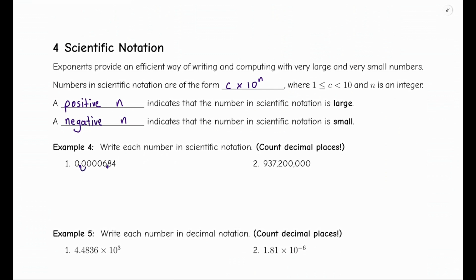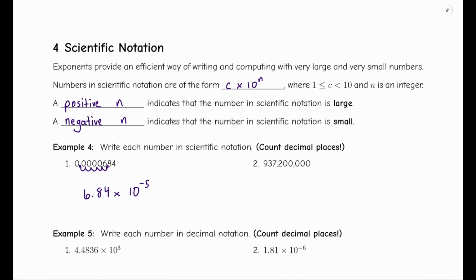So that's 1, 2, 3, 4, 5. So this becomes 6.84 times 10 to the 5th. Now I have to determine, is that a positive 5 or a negative 5? What I ask myself is, is the number I started out with small or large? The number I started out with is small, so it's going to be a negative 5.